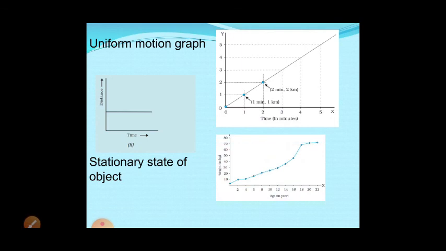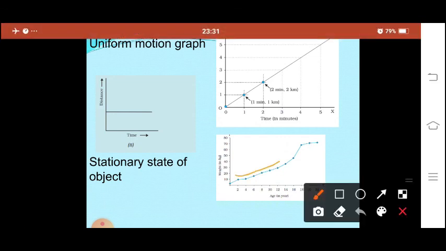Now normally, when a vehicle is moving, we will get this kind of curved line. That means in the first 2 minutes it travels 10 kilometers, then in 4 minutes 10 kilometers, in 6 minutes it travels a little more, like 15 kilometers, in 8 minutes it travels 20 kilometers. So like that we are getting a curved line. This curved line shows that it is changing its speed with time.